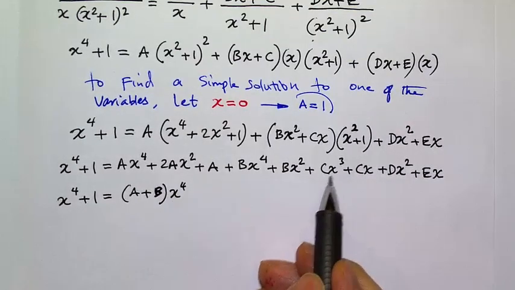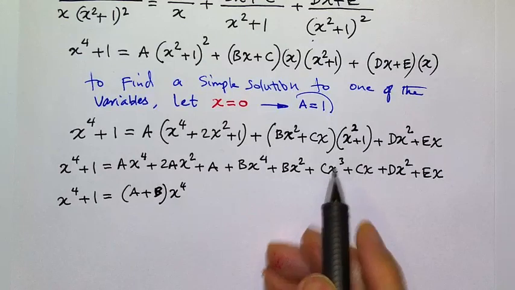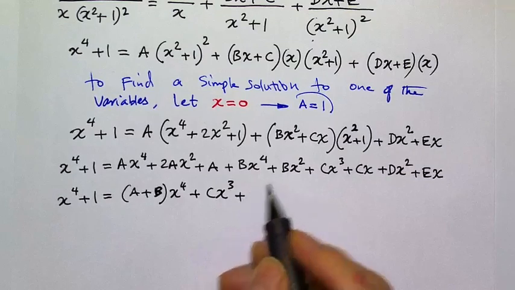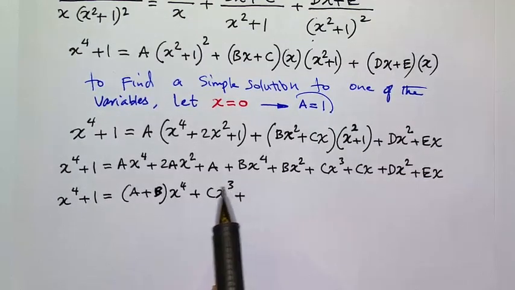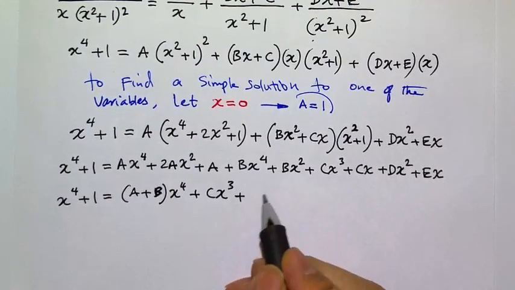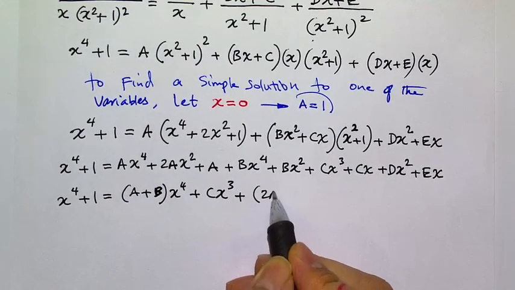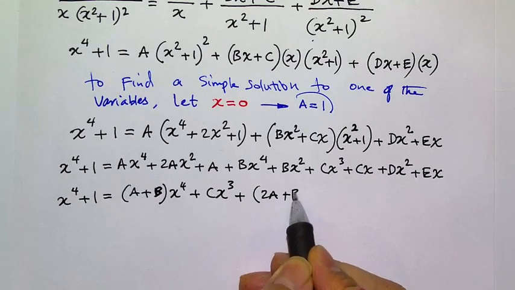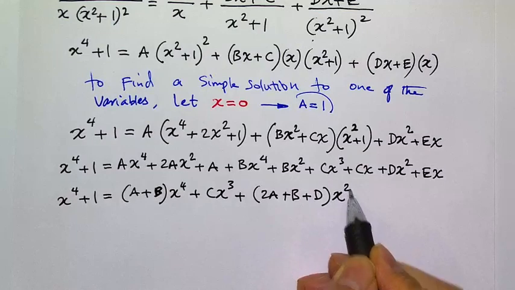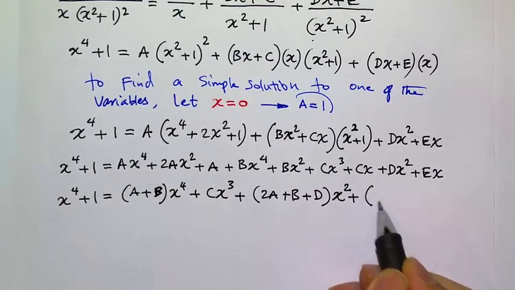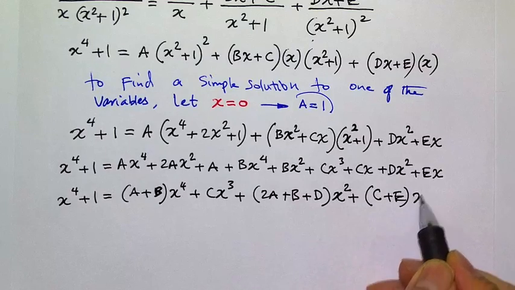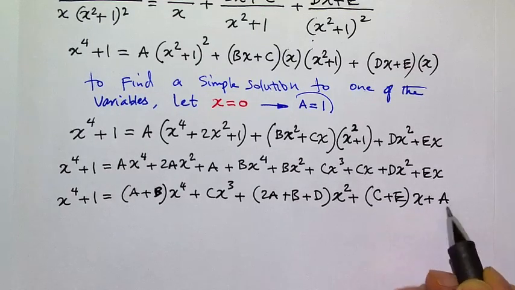Do we have x cubed? Yes, we do. We have just that one. Plus, do we have x squared? Yes, we do here, and then here, and then here. Let's factor those terms out. We get 2a plus b plus d times x squared plus c plus e plus a.